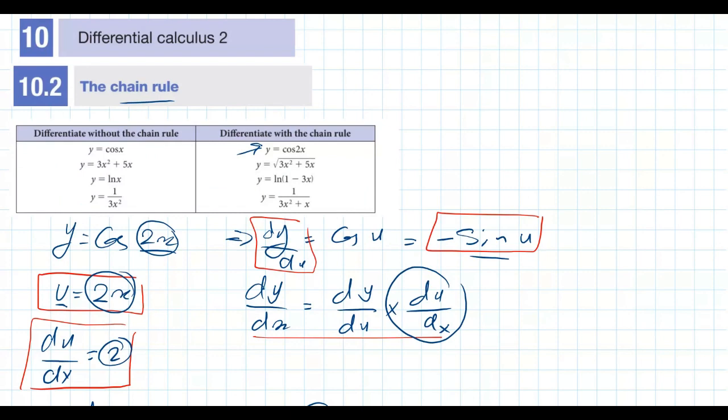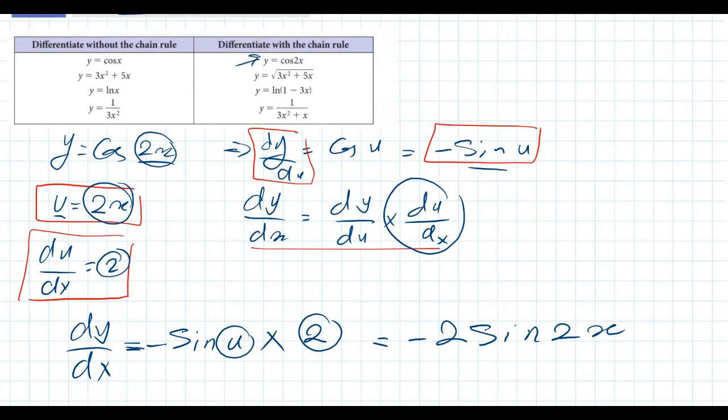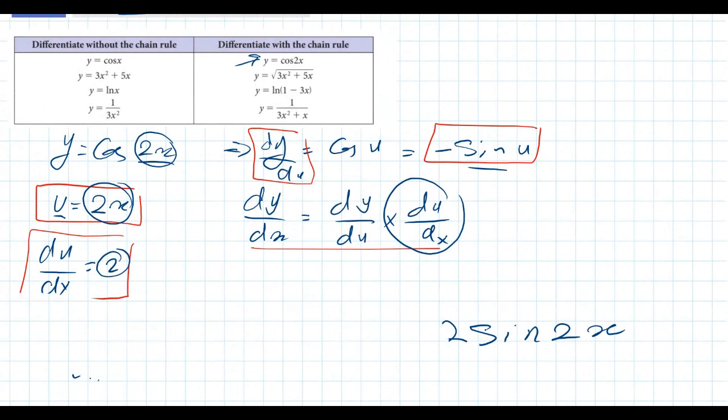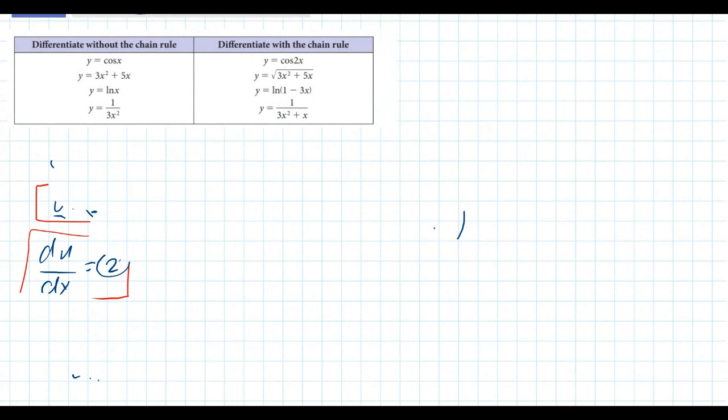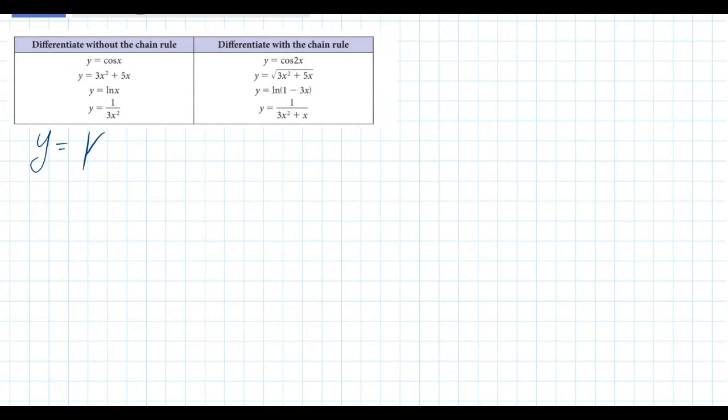What about the second question? Let me do the second question. We're going to deal with y equals the square root of 3x squared plus 5x.